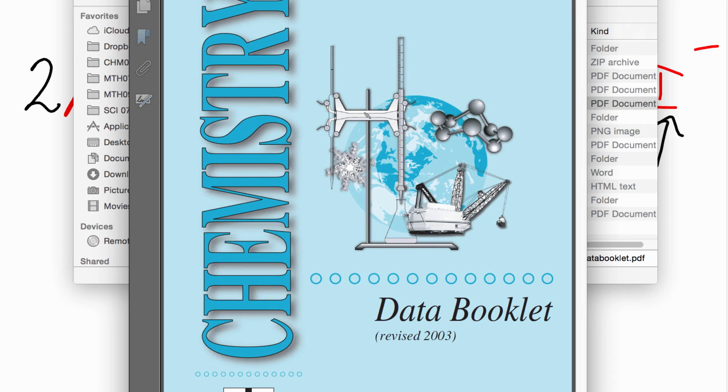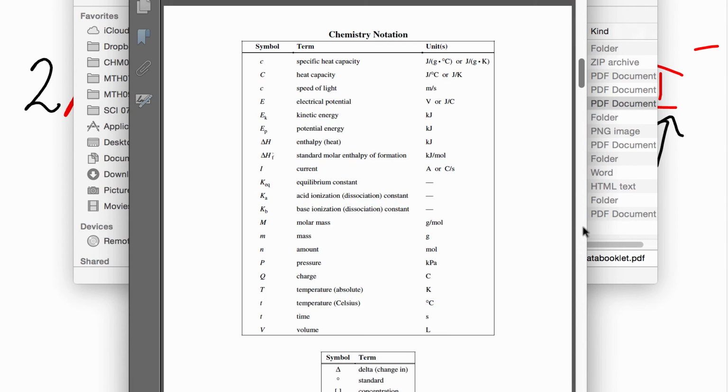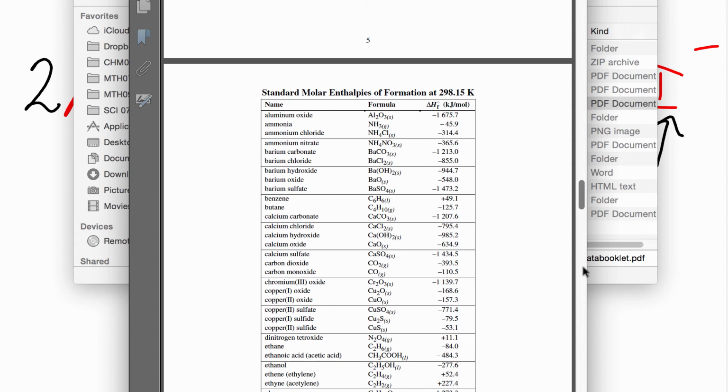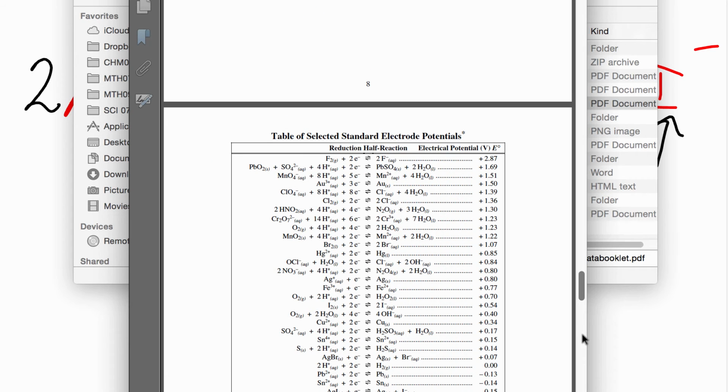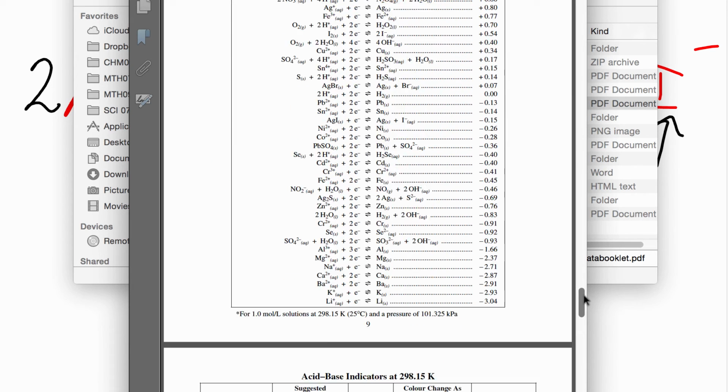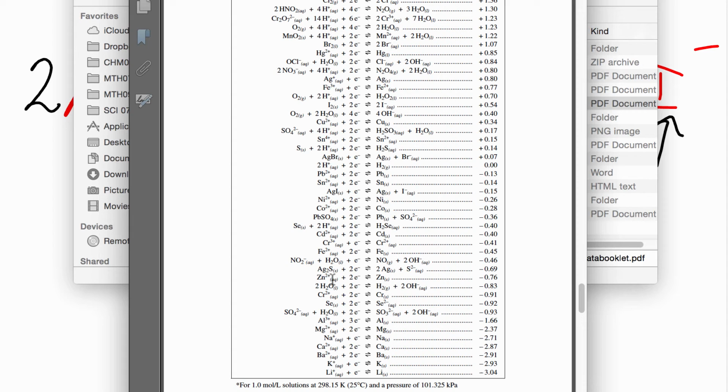So if I'm looking at the data booklet, I'm wanting half reactions, here we go. So aluminum, do they even have aluminum here? Sort of blind, I can't see it. But they have iodine. I know iodine's on here.